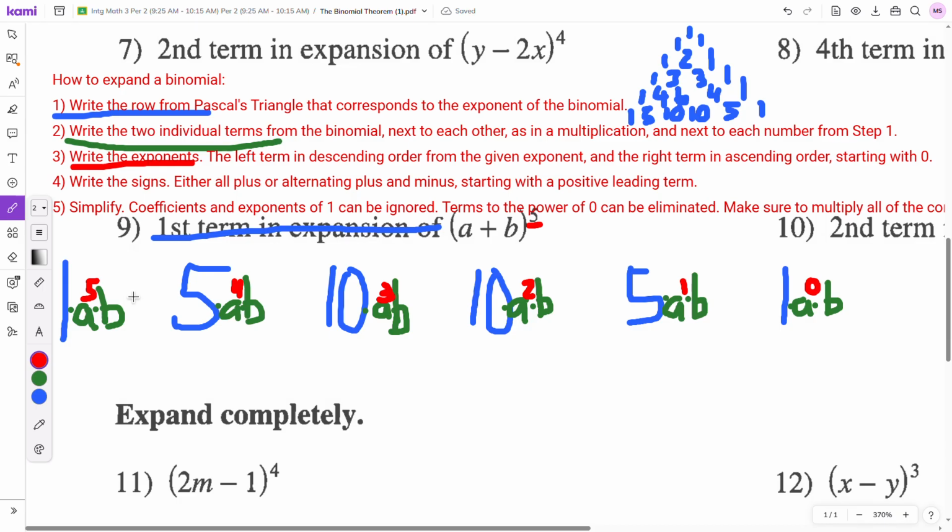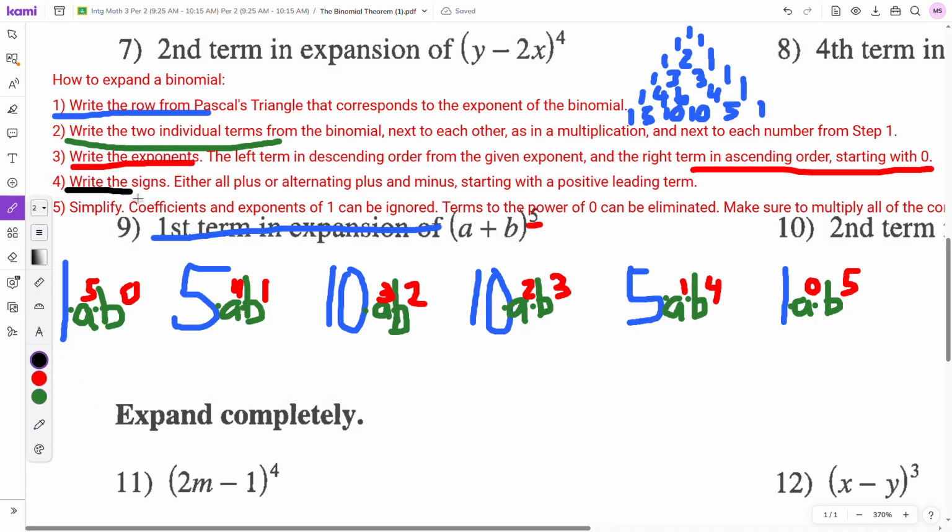And then for the other one, you go from 0 up, in ascending order, starting from 0. So here's a 0, 1, 2, 3, 4, and 5. I apologize for my handwriting there on the 4 and the 3.